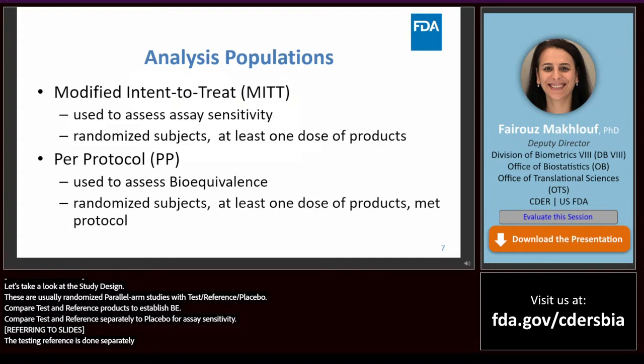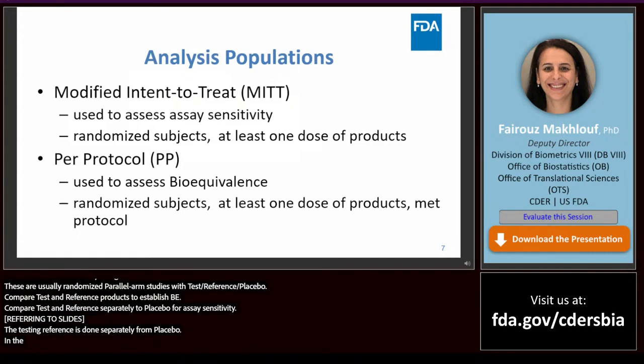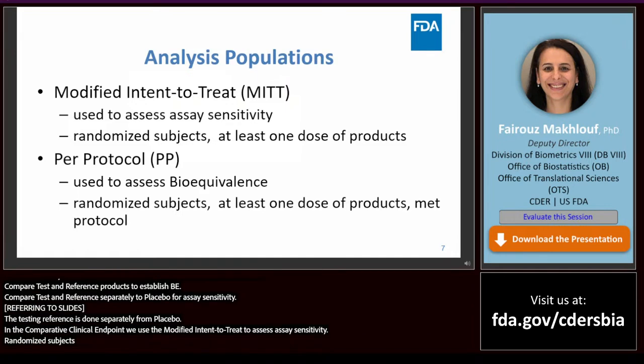In the comparative clinical endpoint bioequivalence study, we use the modified intent to treat population to assess assay sensitivity. The modified intent to treat population is defined as all randomized subjects who met inclusion and did not meet any exclusion criteria and received at least one dose of products.